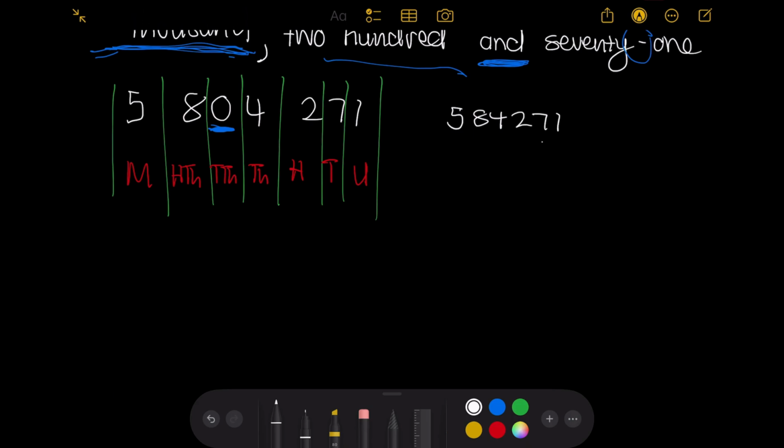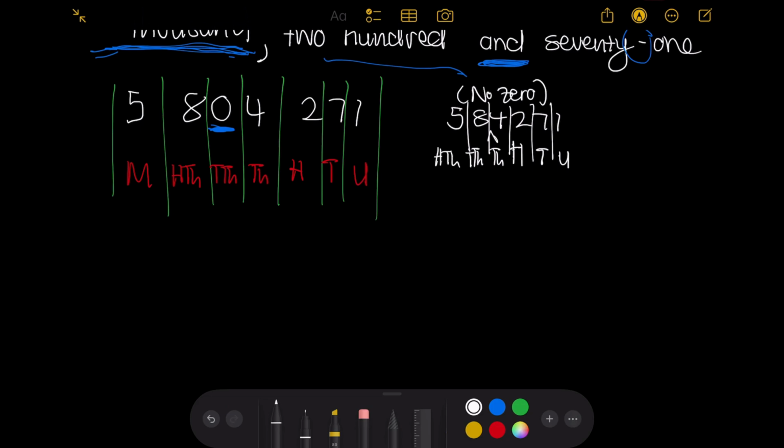And if there's no 0, so this is if no 0 was written between the 8 and the 4, then what would you have considered this number to be? Then you'd assume that this is the unit, this is the 10, this is the 100, this is the 1,000, this is the tens of thousands, and this is the hundreds of thousands.